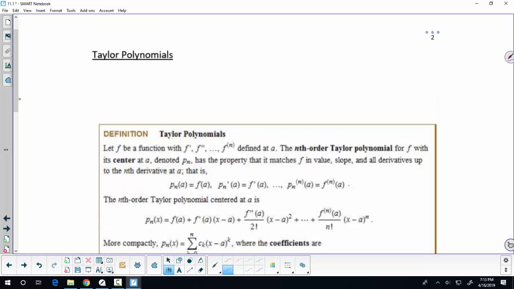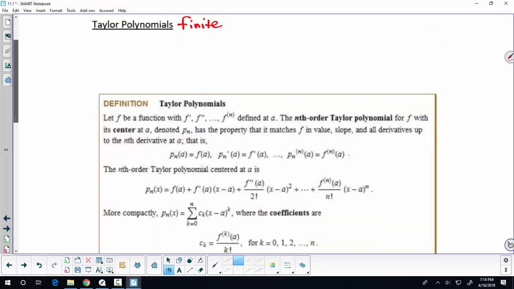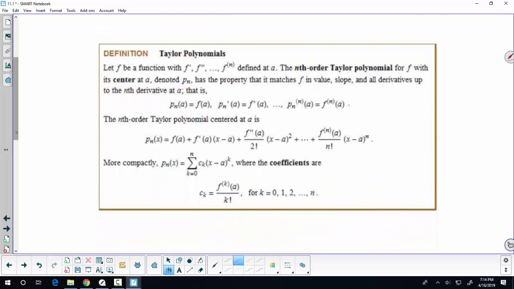Okay, so Taylor polynomials, these are finite polynomials that are constructed to approximate the function. And the definition reads, so you've got some function f of x with all of its derivatives up to the nth derivative defined.